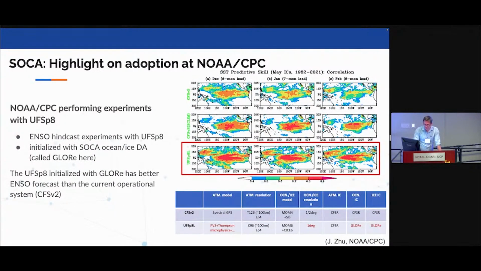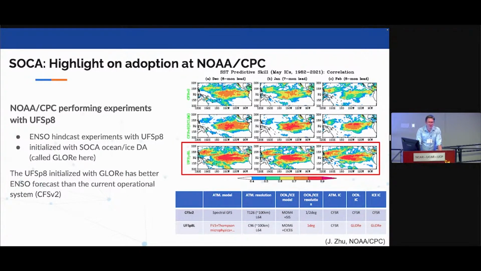Also, CPC is running some experiments with version 8 of UFS for ENSO hindcasts. If you look at, in this case, 6, 7, and 8 month lead times, the system of the UFS initialized with what is SOCA here, they call it GLORY, the correlations are quite a bit better.